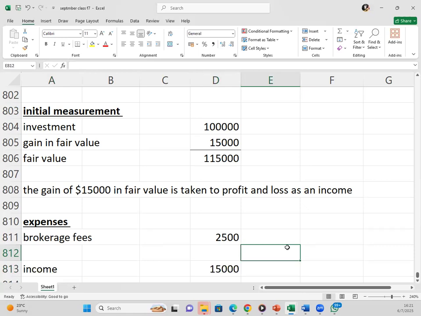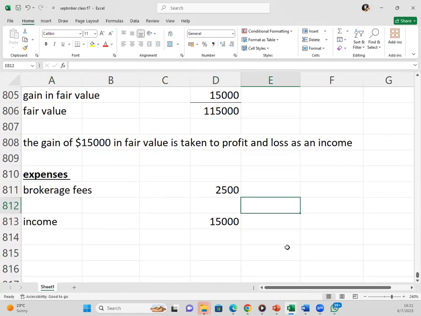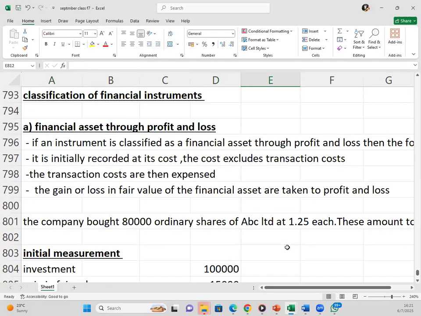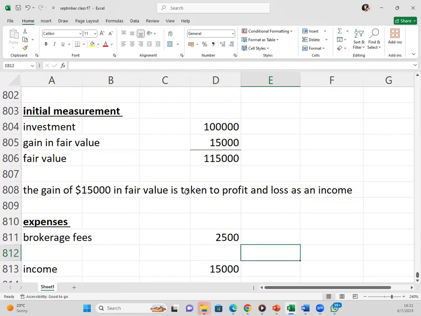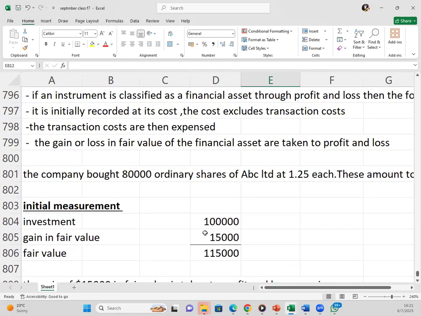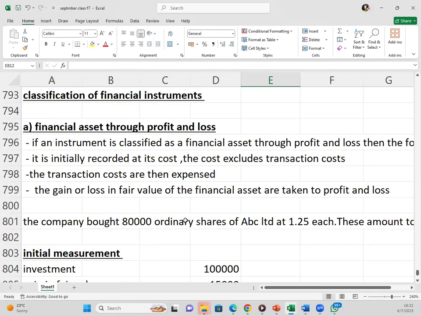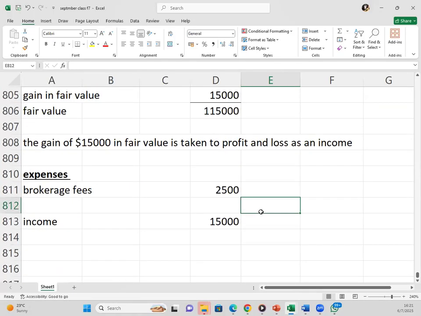So this is how we account for this: initially we record cost, that's 100,000, which excludes transaction costs; transaction costs are expensed; and the gain or loss, for a financial asset through profit and loss, is taken to profit and loss.